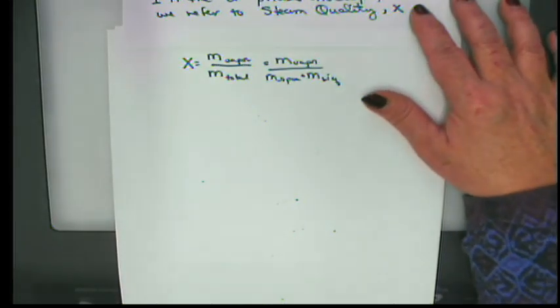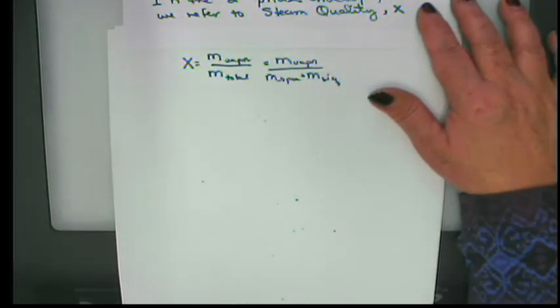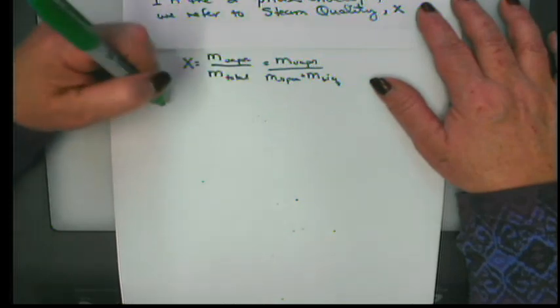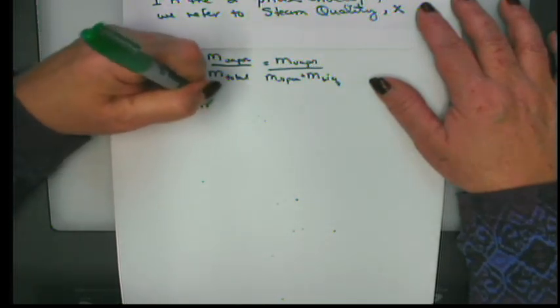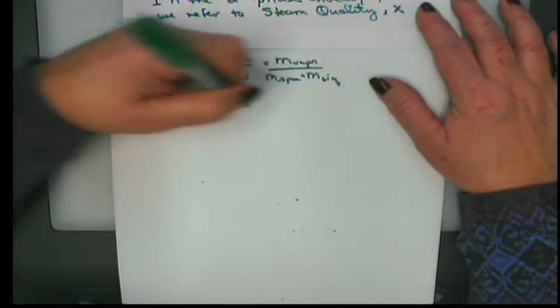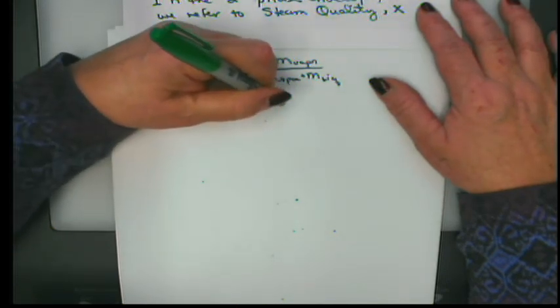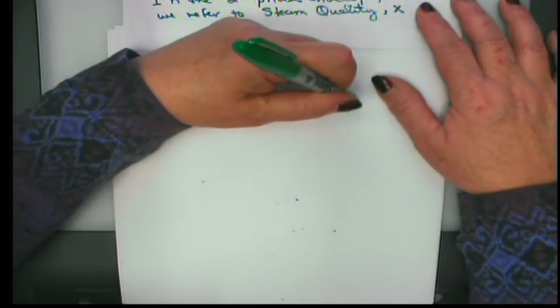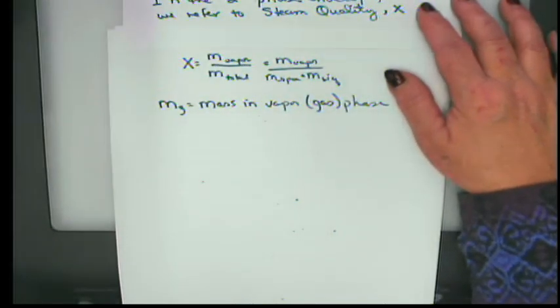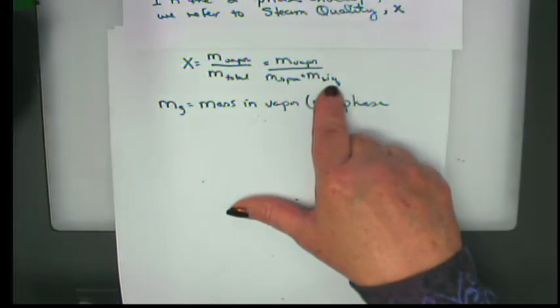Now, they subscript these: m sub g, which is the mass in the vapor or gas phase, plus the mass in the liquid phase.